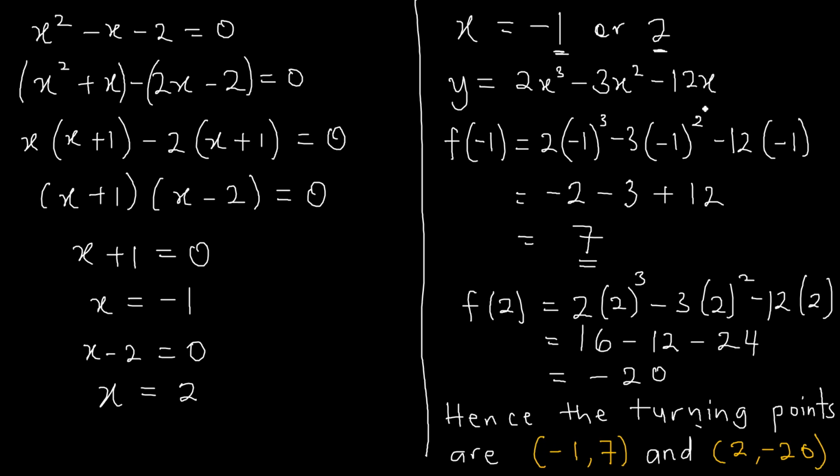If you get positive values, that means the value is greater than 0. That means the point is a minimum point. But if you get a negative value, in other words the value is less than 0, then that means that point is actually the maximum point. So let's check that out and see.